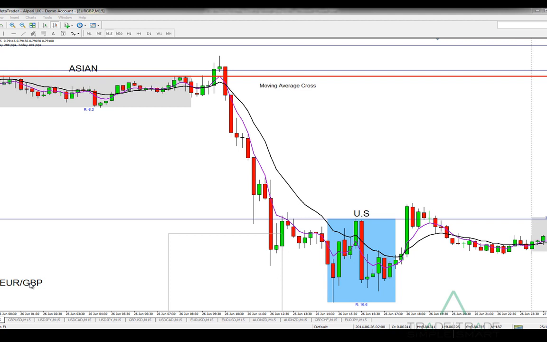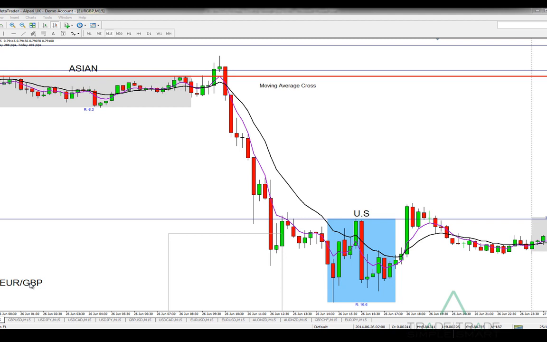Okay, now you won't always get the cross so close to the manipulation area. As I said before, the price you pay for receiving the extra confirmation by having both the candlestick formation of manipulation and also the moving average cross is that you would generally get in some way away from the manipulation area. But in this instance, we had the cross take place on the close of the confirmation bar.